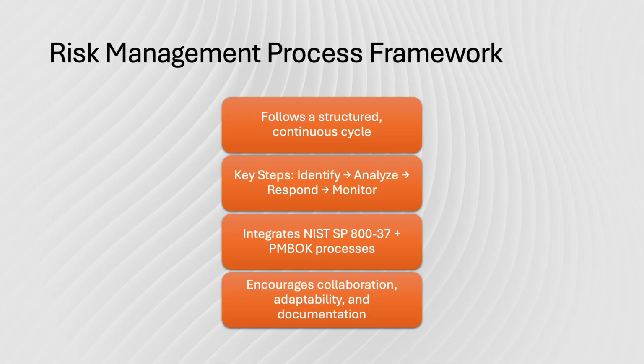throughout the project. The next stage is risk analysis, which determines the likelihood and impact of each identified risk. Qualitative analysis prioritizes risks by using categories such as low, medium, or high probability and impact.